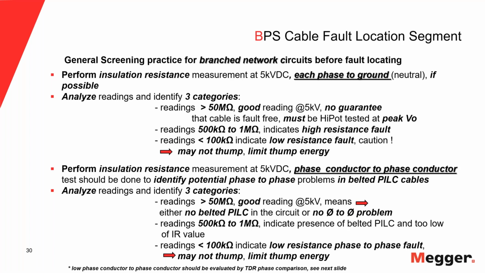Now we can also do, because I mentioned that in these circuits many times we have paper cables, so we have belted or unbelted cables. And the belted cables, like I said, don't have their own neutral on each conductor. So that's why we do the insulation resistance not only phase to ground, but also phase to phase. Because if we had a phase to phase issue and we were only testing phase to ground, we might not see it.